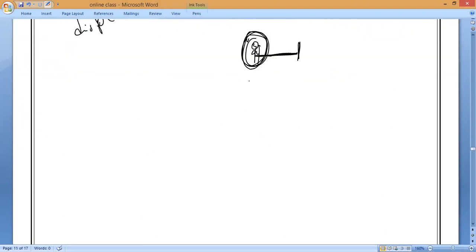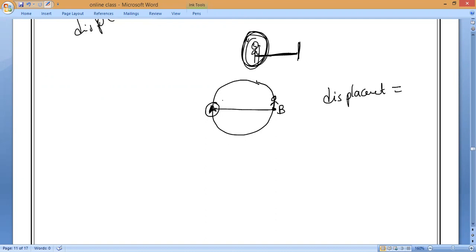So if we make one complete rotation in a circular path, for example, see, you started with point A and you reached point B. Then in this case, what is the displacement? Anybody? You stopped at point B. Shortest distance, Harish. What is this called?